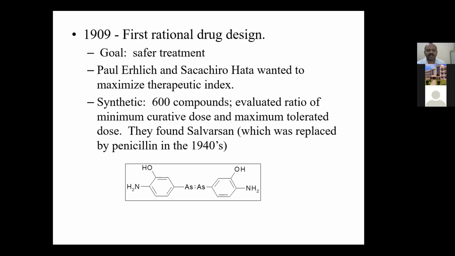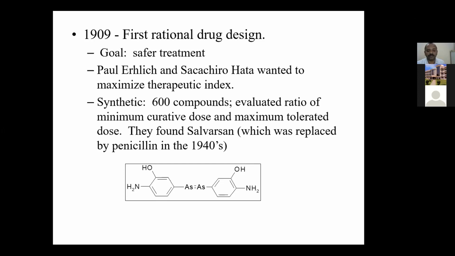Here two scientists come forward, Paul Ehrlich and Sahachiro Hata, to maximize the therapeutic index. As we all know, the therapeutic index is the amount which causes the effect relative to the amount which causes toxicity, and that needs to be enhanced.